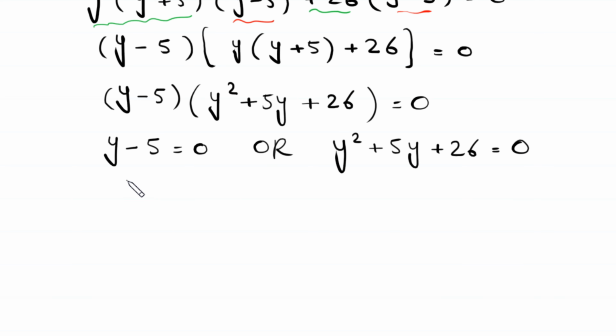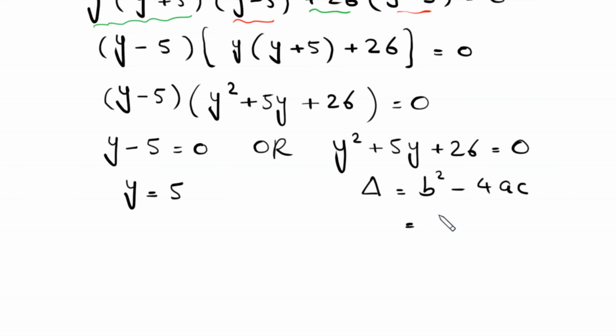From this equation we get the value of y is equal to 5, and from this quadratic equation we see whether the discriminant is less than 0 or greater than 0. Discriminant delta is equal to b squared minus 4ac.